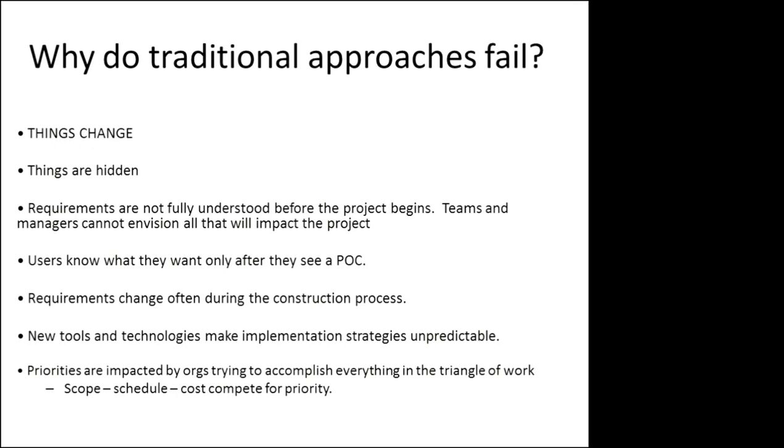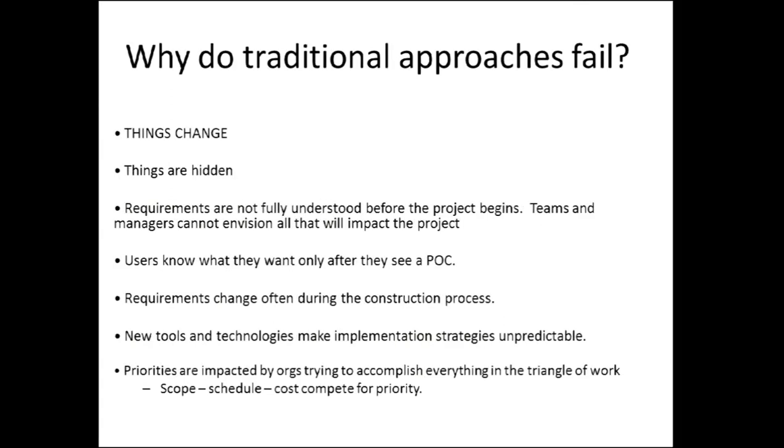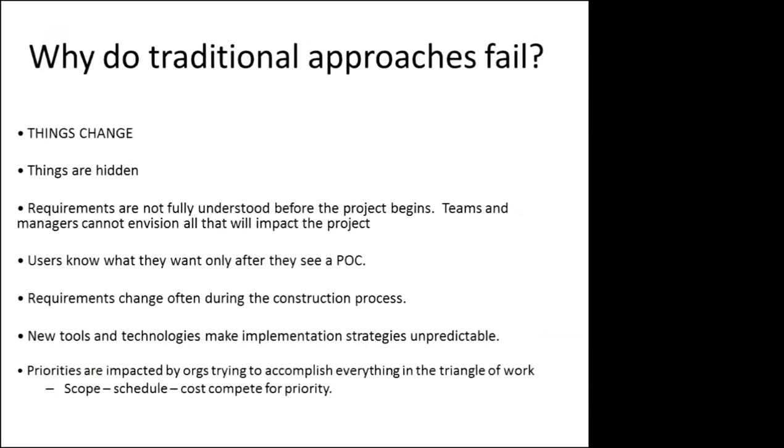As you start building things, you're going to realize, oh, we have a limitation here, or we have considerations, security, it can be a big situation. You have new tools and technologies that could make strategies a little bit unpredictable. And priorities are always impacted by organizations trying to accomplish everything in the triangle of work. That is scope, schedule, and cost.